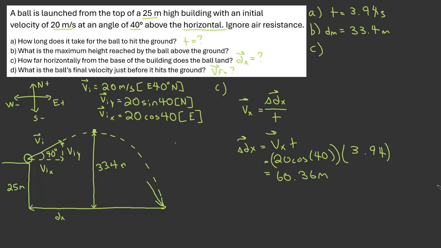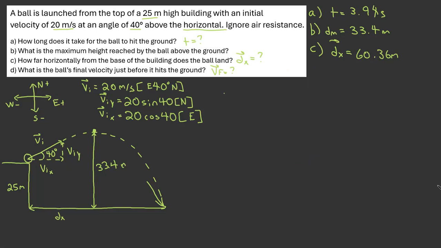And again, that's because there's nothing accelerating our object in the x dimension. Okay, dx is equal to 60.36 meters. I'll clear this now, and then let's solve for our final part, Part D.